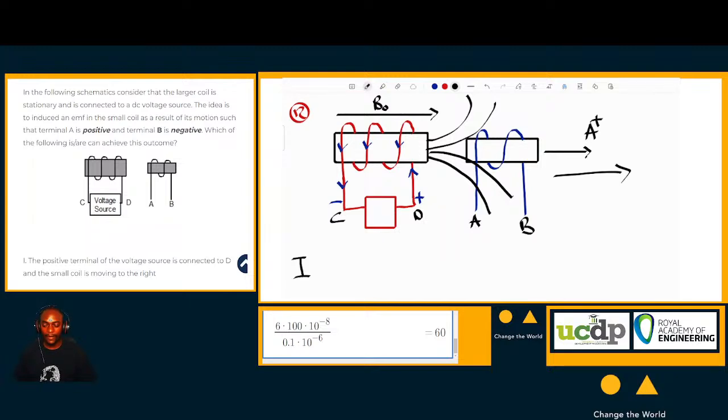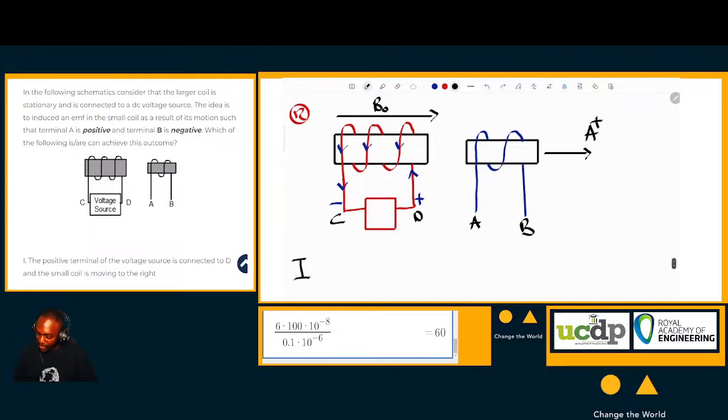As the solenoid on the right moves, the distance from the left one increases. Yes, as the distance increases, the flux will get weak. Yeah, it will decrease.